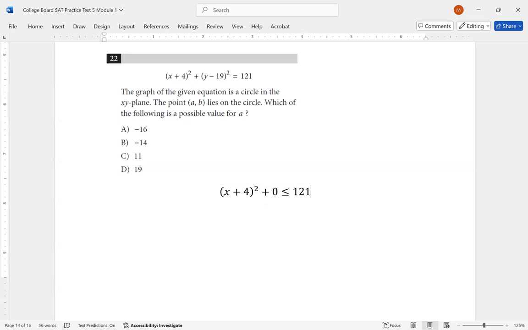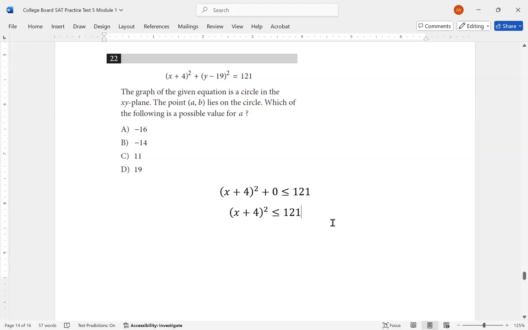It's got to be, because that's the equation of the circle. So the minimum value for y minus 19 squared is 0, and that means the x plus 4 quantity squared has to be smaller or equal to 121.